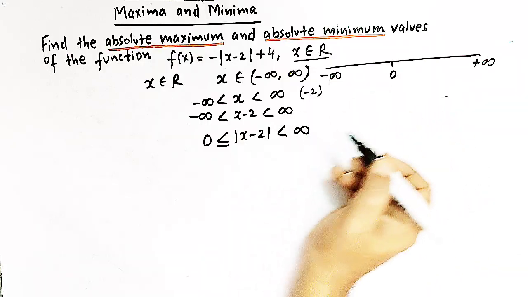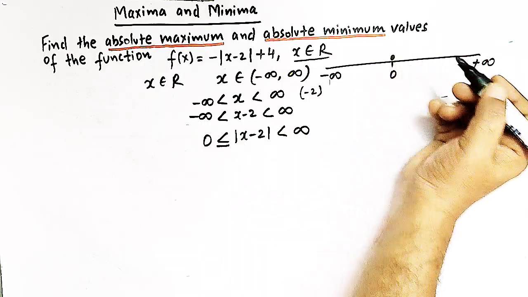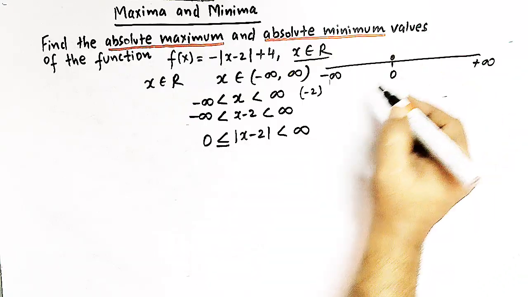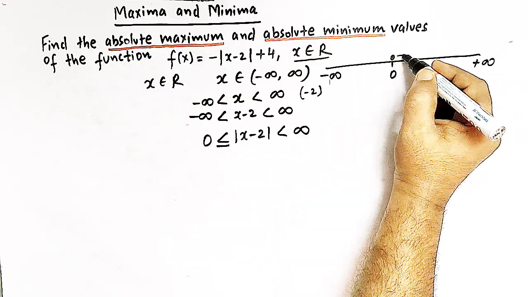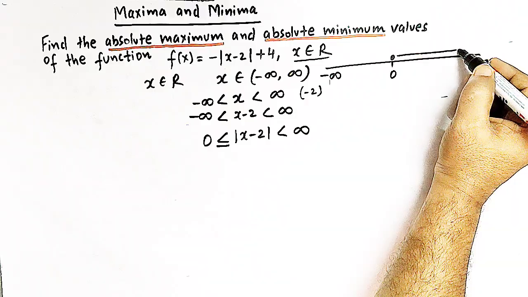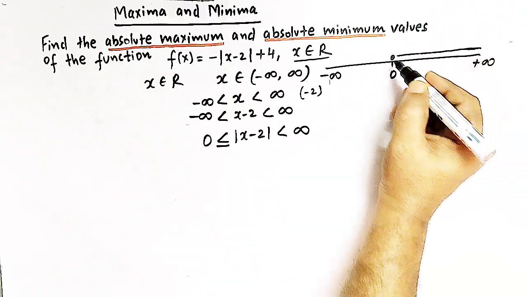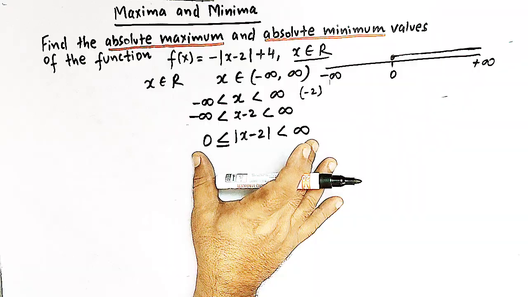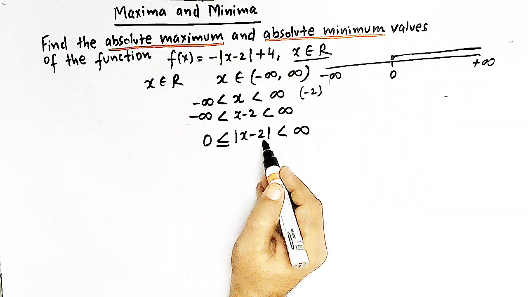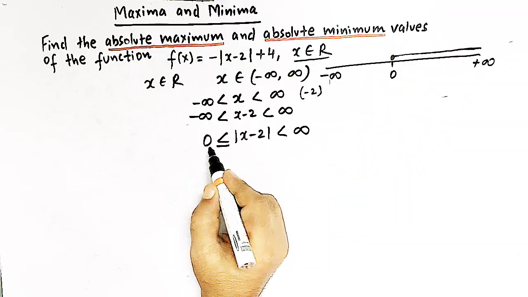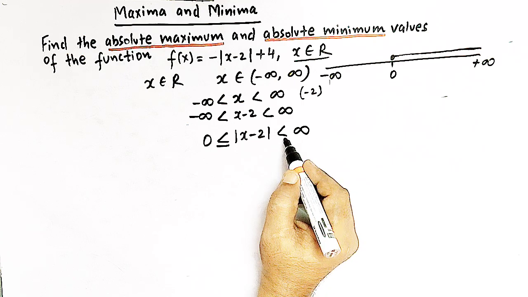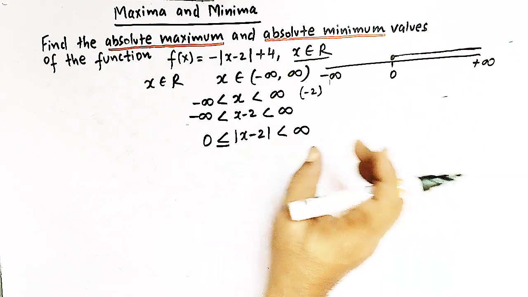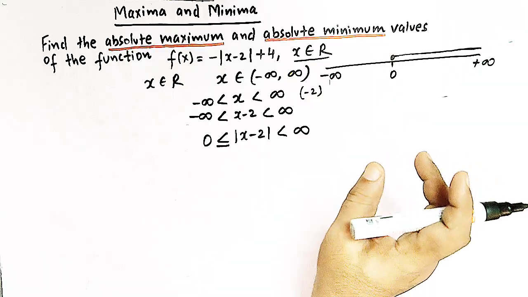So mod of x minus 2 must be greater than or equal to 0 but less than infinity, because here we have all the positive numbers, right? This is an important step here, that is mod of x minus 2 is greater than or equal to 0 but less than infinity, because the mod function gives us the positive numbers, right?